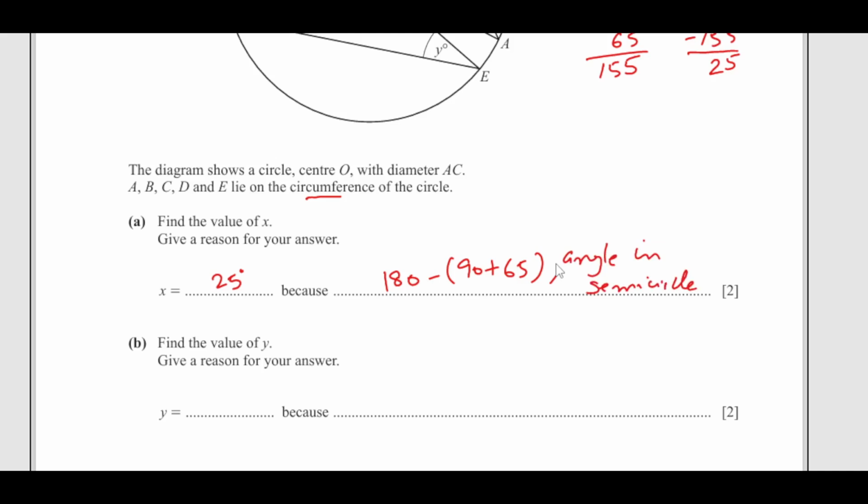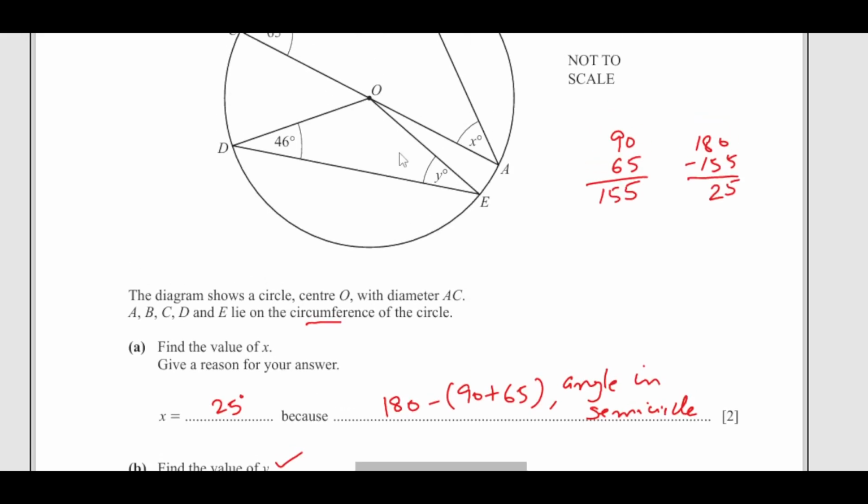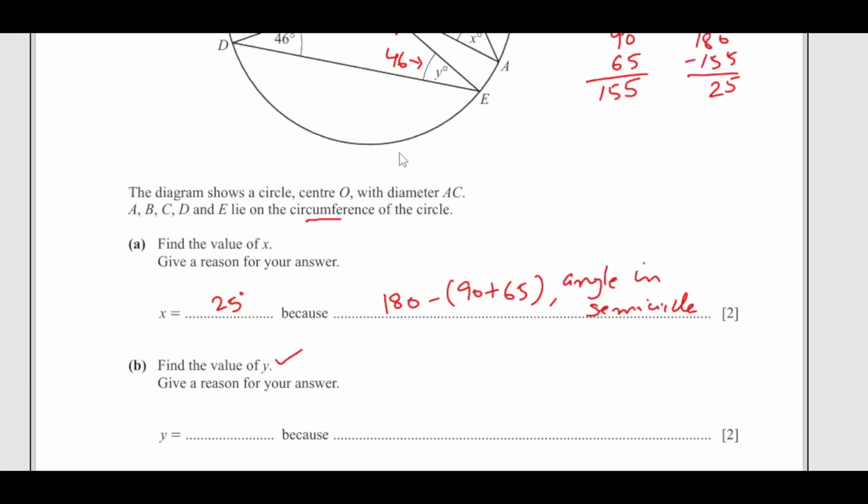Find out the value of y, give your reason. So now for y, if you see at this triangle ODY, this side and this side will be equal, because this is the radius, right? So then the base angles of isosceles triangle are equal, so this is also going to be 46 degrees. So y is 46.